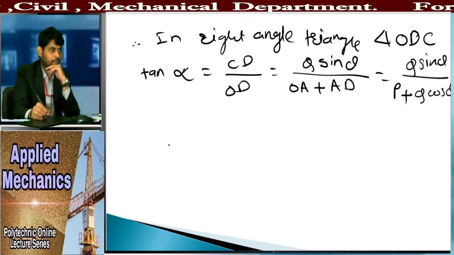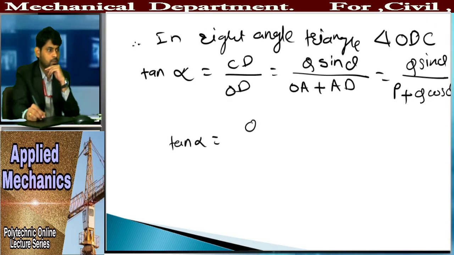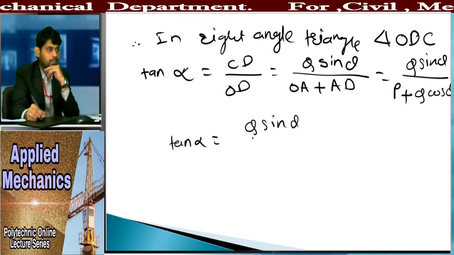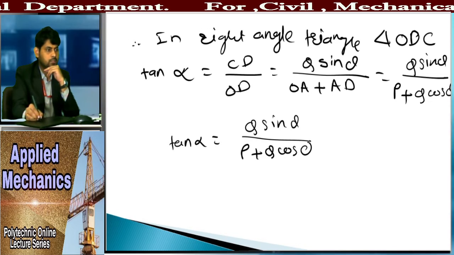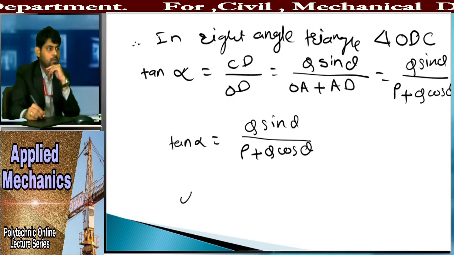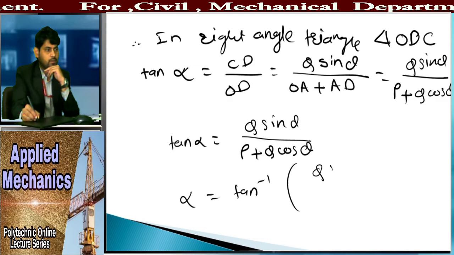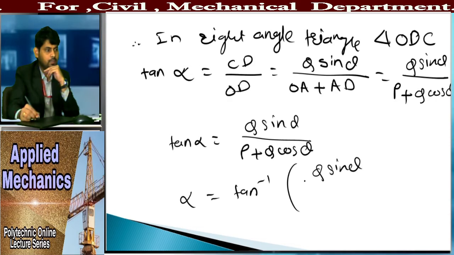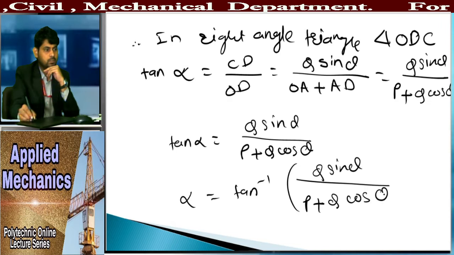So tan alpha is Q sine theta divided by P plus Q cos theta, and alpha is the tan inverse of Q sine theta divided by P plus Q cos theta.